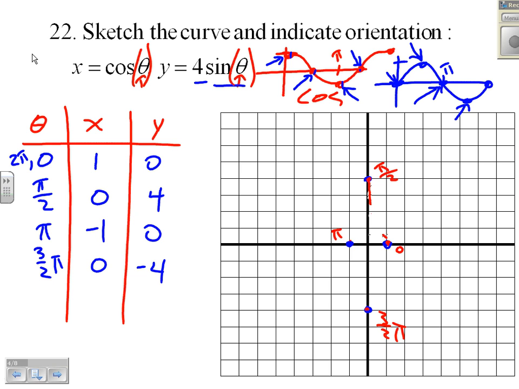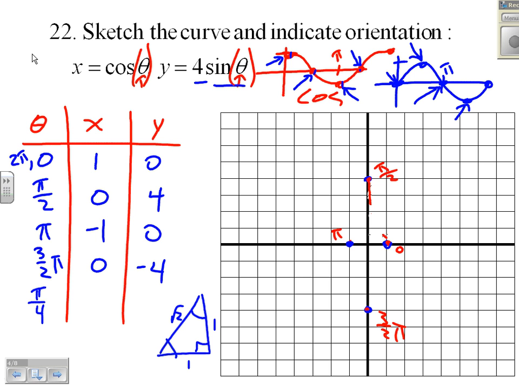So what we might want to do is fill in one gap. And I'm going to say, what happens at pi on 4? Halfway between 0 and pi on 2. Well, at pi on 4, as we all know, we get a 45, 45, 90 right triangle that we could have sides of 1, 1, and root 2. So at pi on 4, x is the cosine of pi on 4.